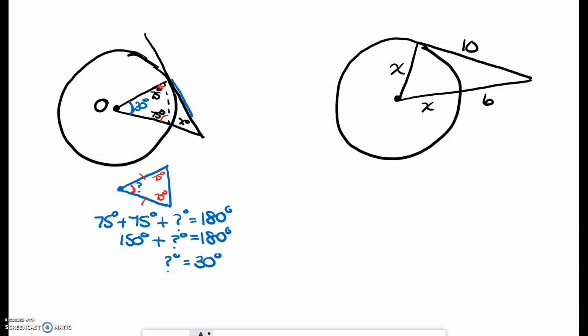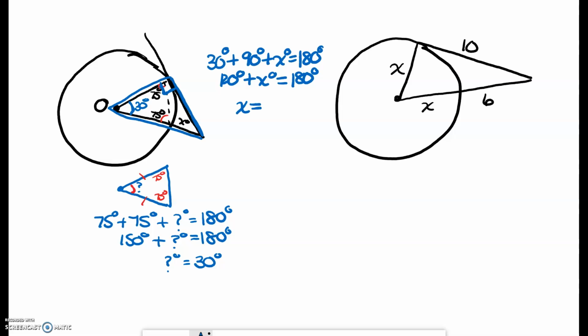Well, here's a nice tangent, so I know that it is perpendicular to the radius. Now I have a nice big right triangle here. So 30 degrees plus 90 degrees plus x degrees is 180 degrees. 120 degrees plus x degrees is 180 degrees. So x must equal 60 degrees.